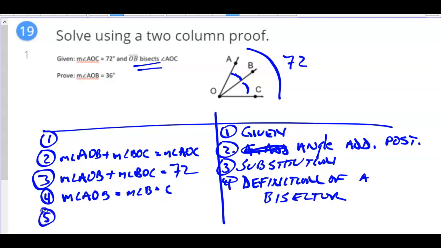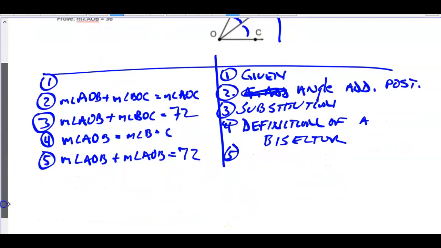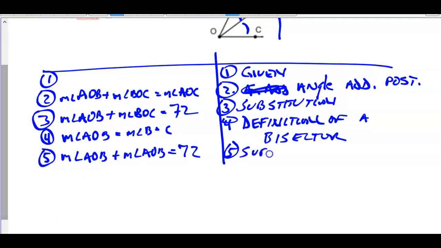Why does that help us? Because now we can substitute that in. Check this out. Measure of angle AOB plus measure of angle AOB is equal to 72. And that's substitution.